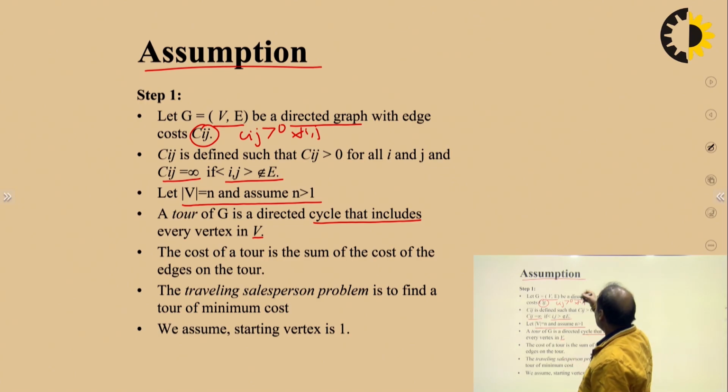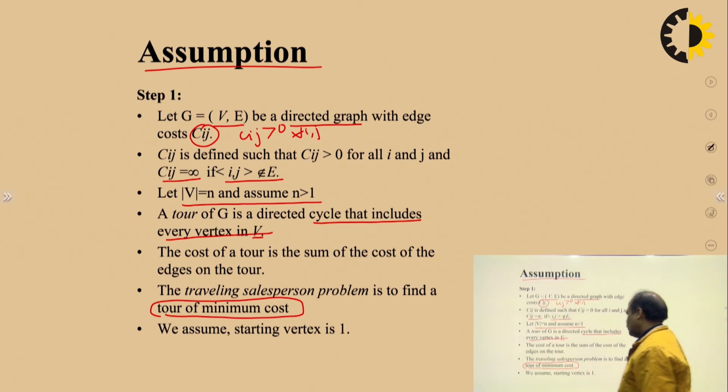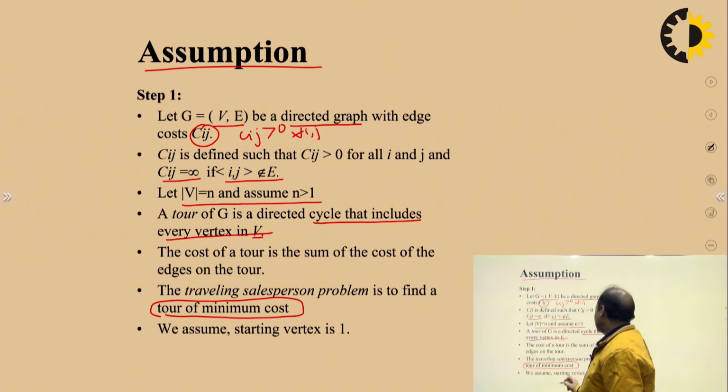You have to include every vertex, remember, not every edge. An edge can be repeated, but a vertex cannot be repeated. So the TSP is to find the tour of minimum cost, so we are always going to minimize the cost. We assume here that we are starting from vertex number 1.